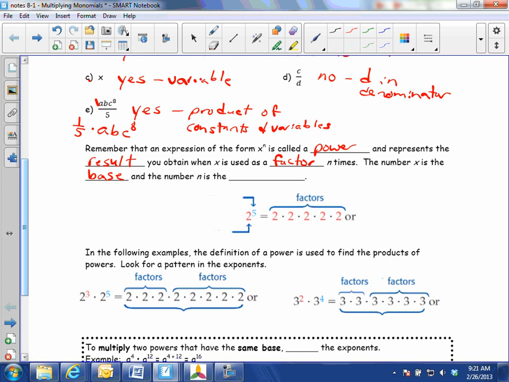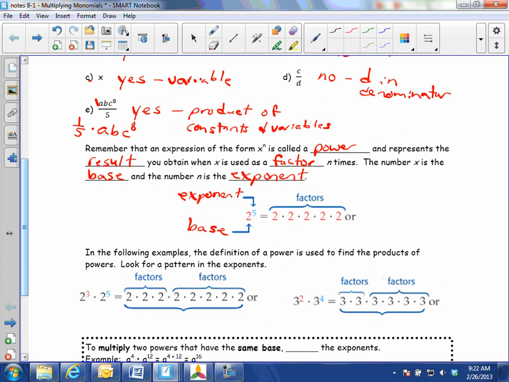And n is called the exponent. Basically, in layman's terms, n tells me how many times I'm taking the base x times itself. So looking at this one, 2 is going to be the base, and the 5 is going to be our exponent.